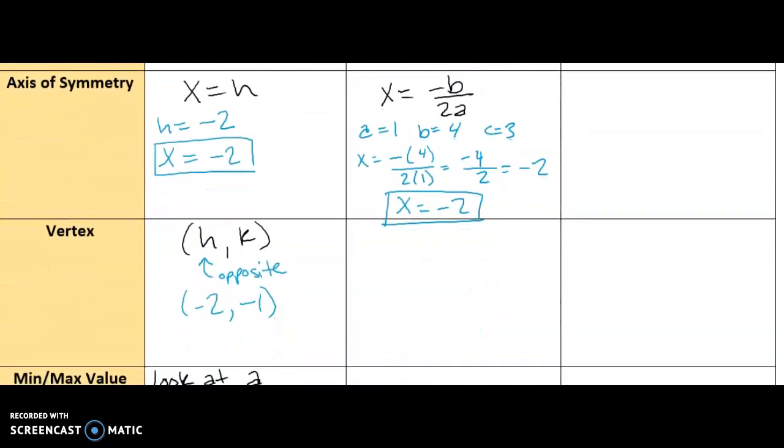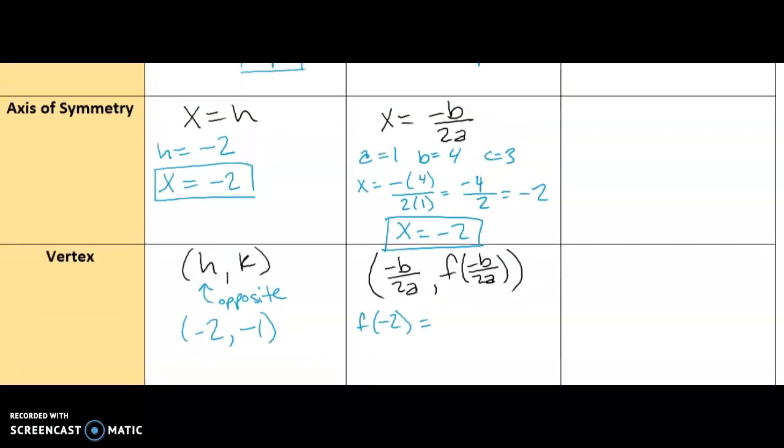All right, so if I want to find my vertex in standard form, I have to first find the negative b over 2a, which we already did, and that's the x value of the vertex. To find the y value of the vertex, I plug it back into my function. Let me show you what that would look like. So it would be f of negative 2, because that's what our negative b over 2a equals.